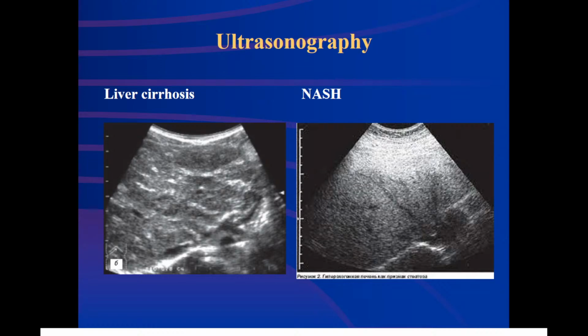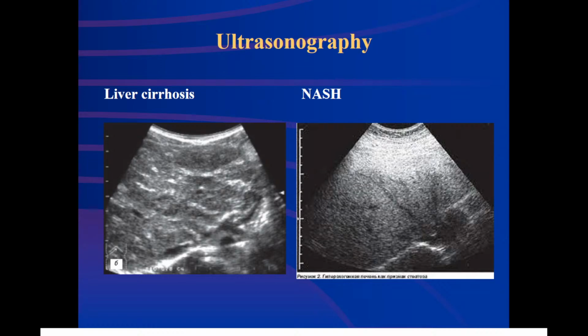On the right side of us, we can see non-alcoholic steatohepatitis, which is characterized by increased density of the liver and not so clearly seen bile ducts compared with a normal liver. But these changes are not too obvious.